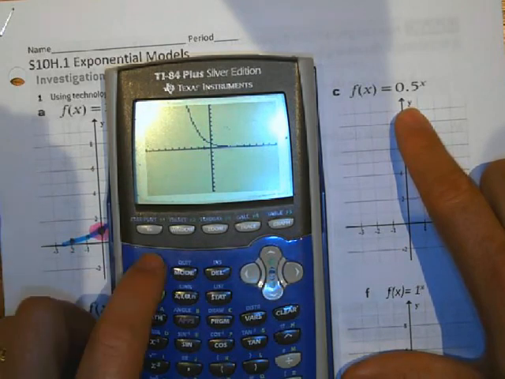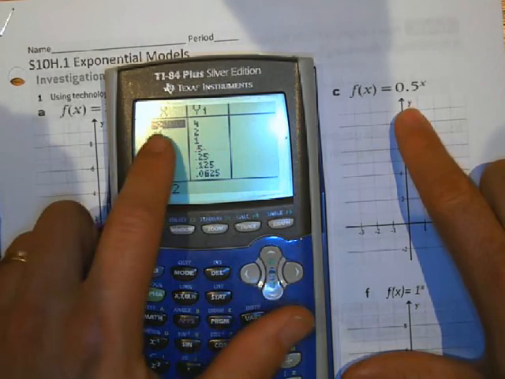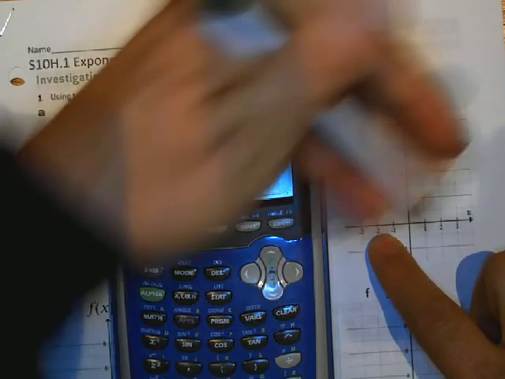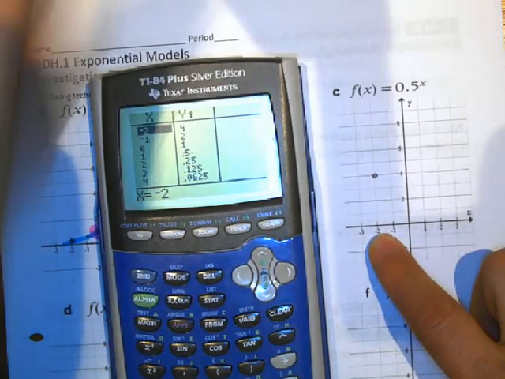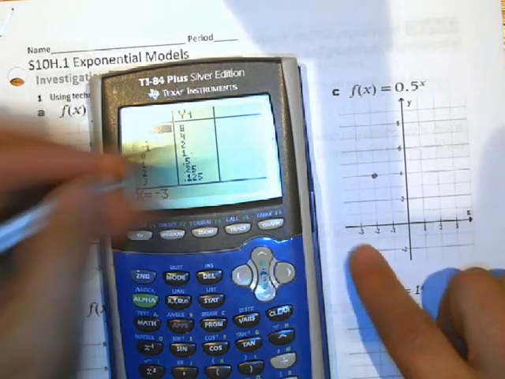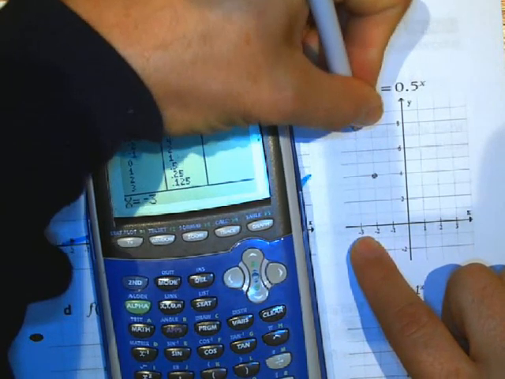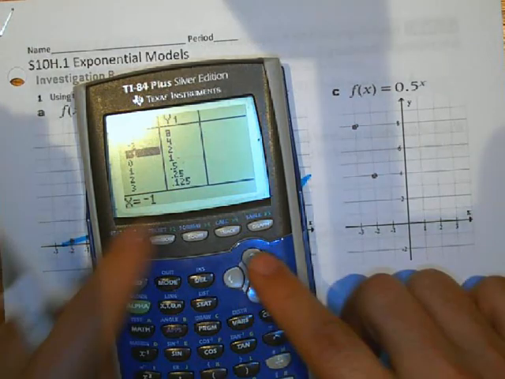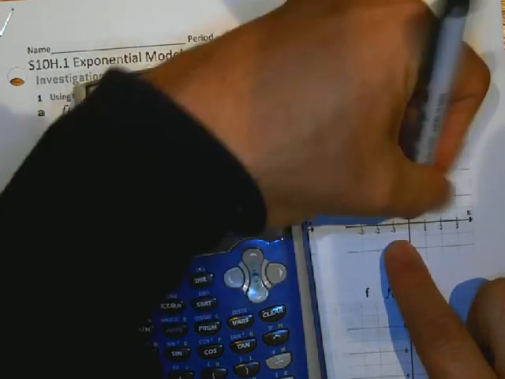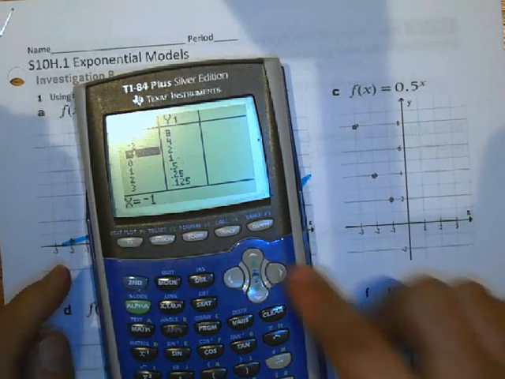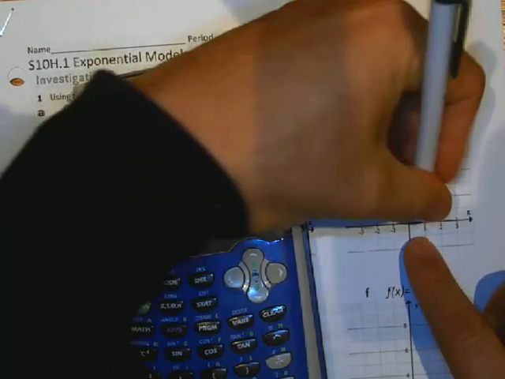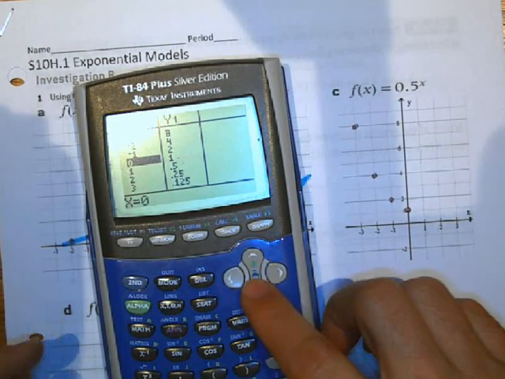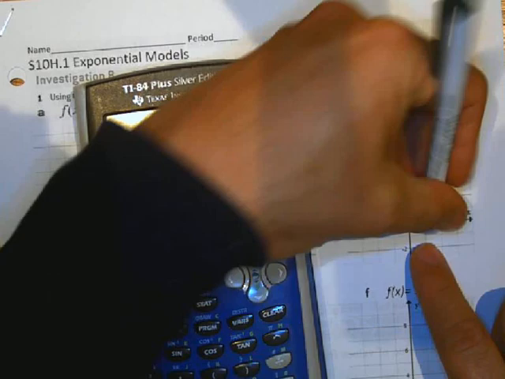So second graph gets us a table. At -2, we're at 4. At -3, we are at 8. At -1, we're at 2. When we're at 0, we're at 1. And when we're at 1, we're at 0.5.